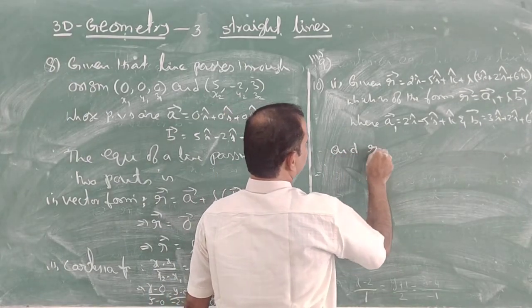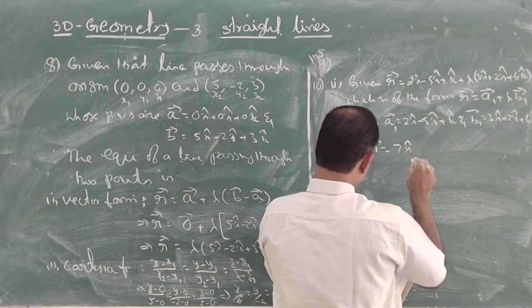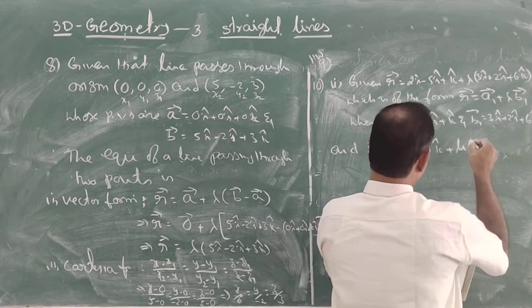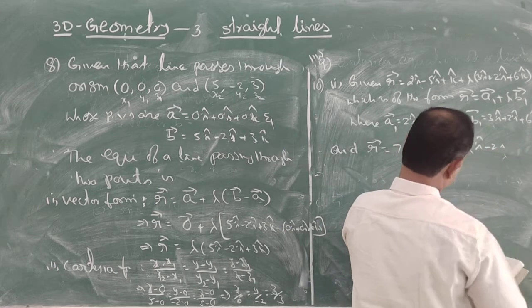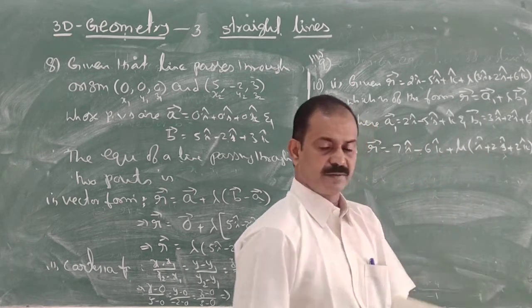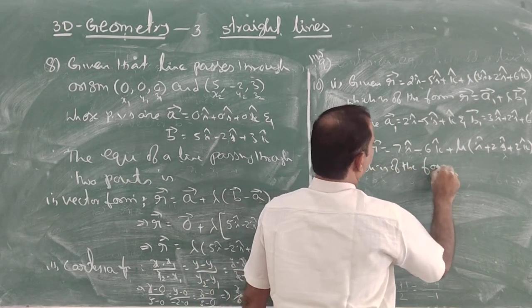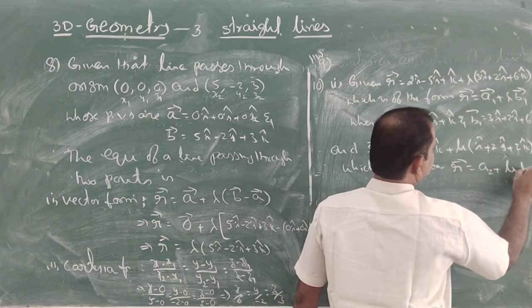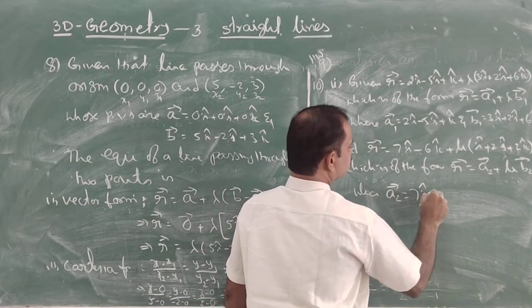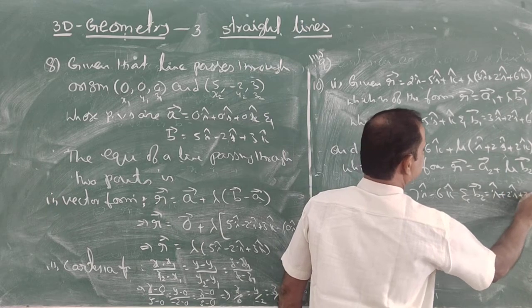And the second line, R = 7i − 6k + μ(i + 2j + 2k), which is of the form R = a2 + μb2, where a2 = 7i − 6k and b2 = i + 2j + 2k.